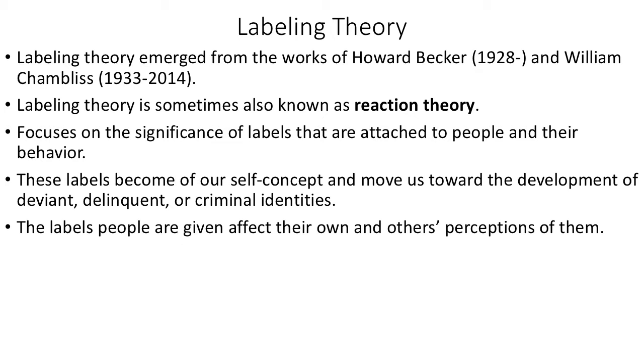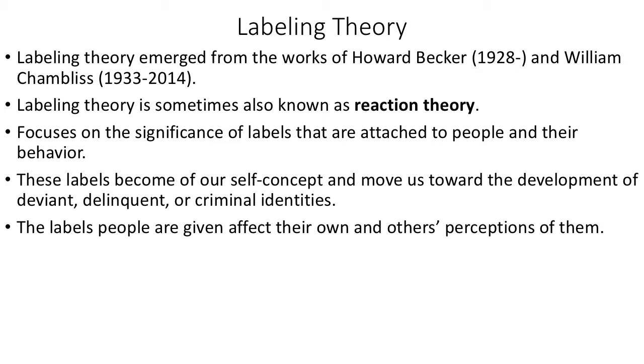One of the things that labeling theorists talk about is the difference between what they call primary and secondary deviance. And the difference runs something like this. Primary deviance is where a behavior gets labeled, right?